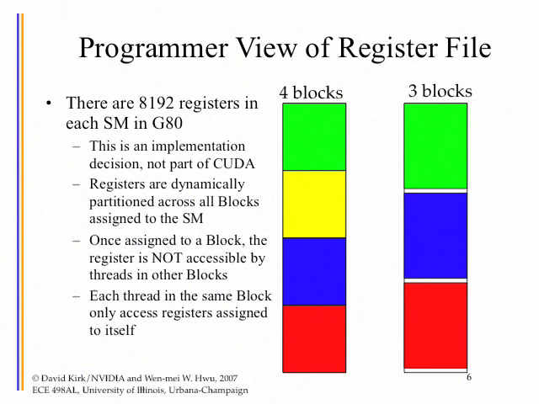Once assigned to a block, the register is not accessed by threads in other blocks, okay? So it's a dynamic partition. You go and say, I need so many registers. The hardware will give you that partition. And once the partition is given to you, no other blocks can access this particular set. Okay?